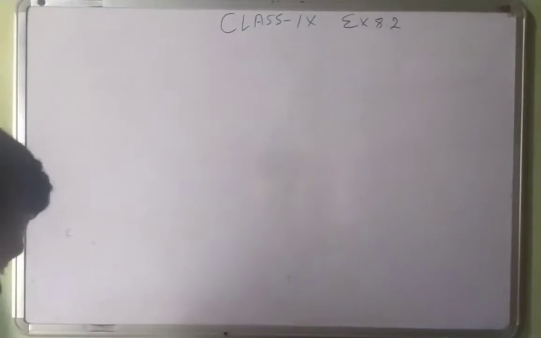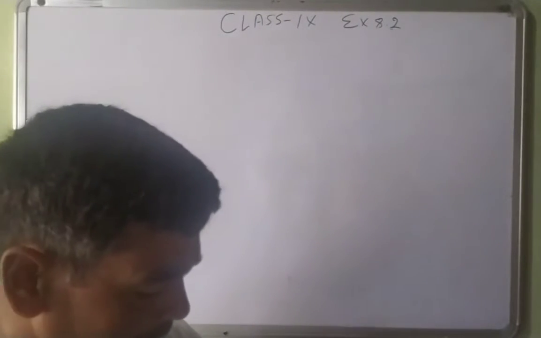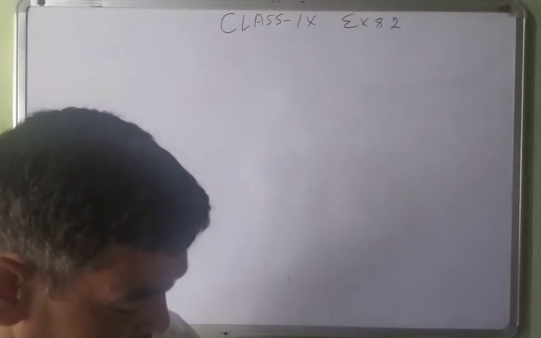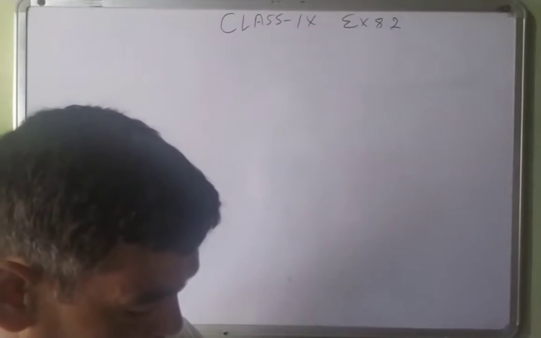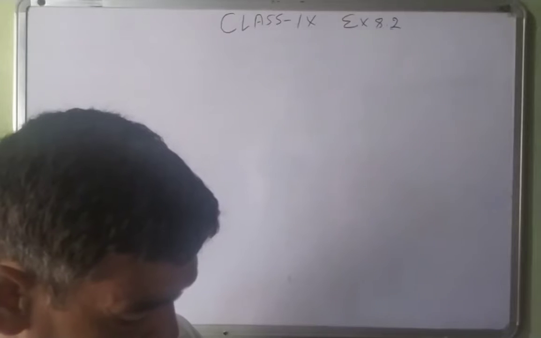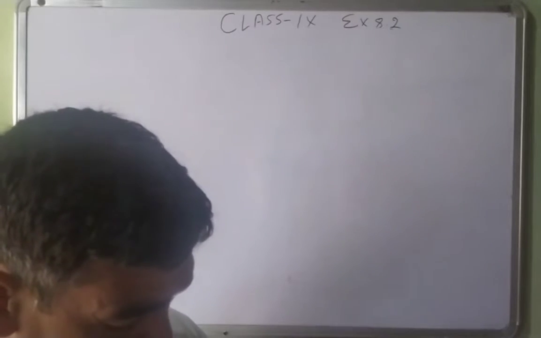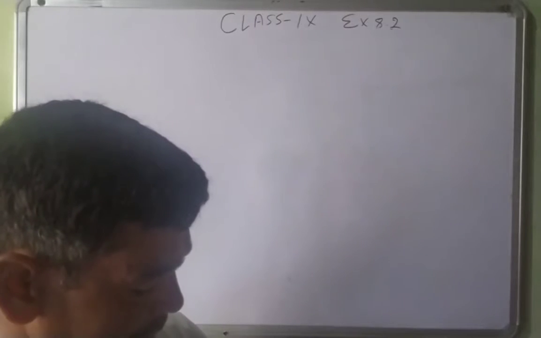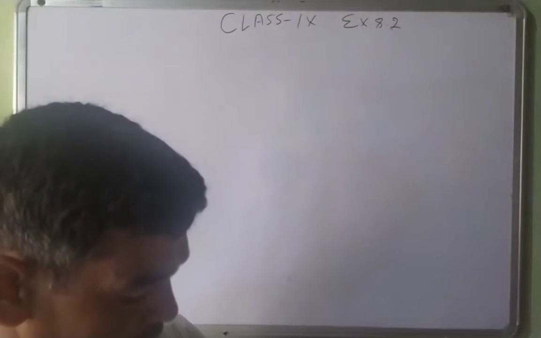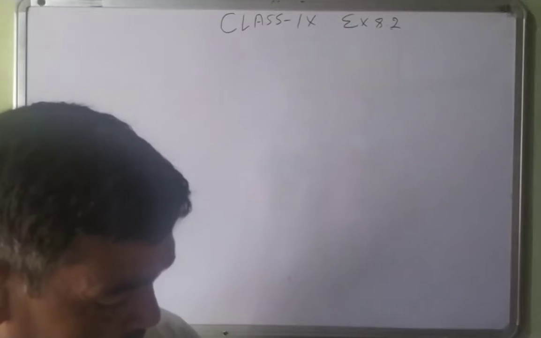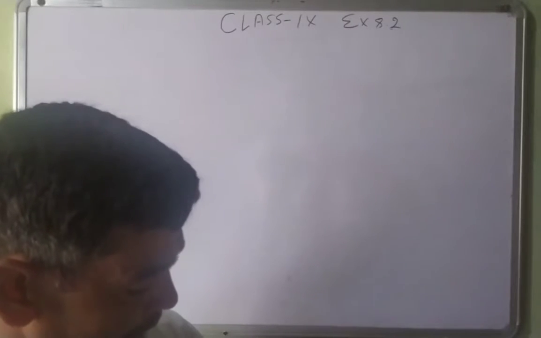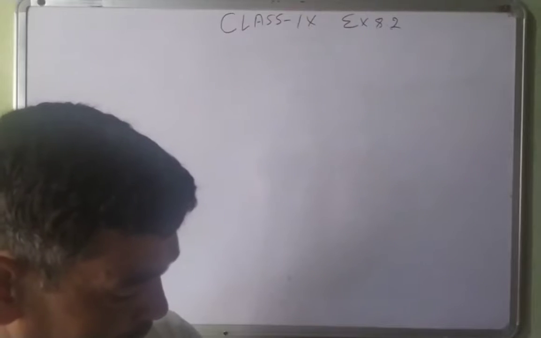That fourth question: ABCD is a trapezium in which AB is parallel to DC, and BD is a diagonal, and E is the midpoint of AD. A line is drawn through E parallel to AB, intersecting BC at F. Prove that F is the midpoint of BC.